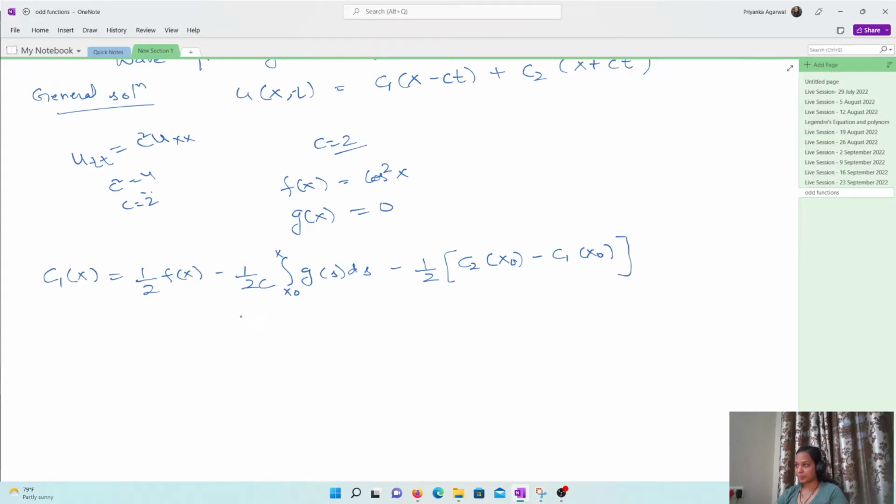Okay, so you know this function is 0, so this term vanishes.